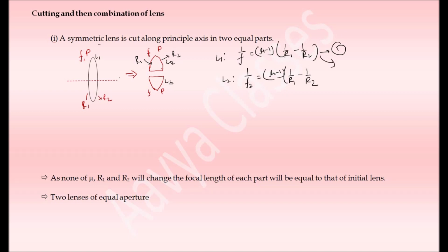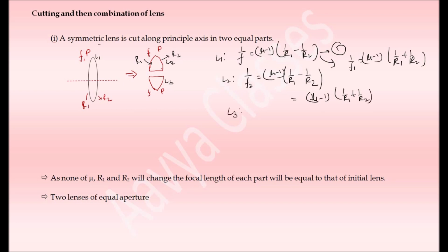For the original lens, r1 comes with a positive sign and r2 comes with a negative sign. So 1 by f is equal to (mu minus 1) times (1 by r1 plus 1 by r2). While for lens L2, r1 comes with a positive sign and r2 comes with a negative sign, so we get (mu minus 1) times (1 by r1 plus 1 by r2).